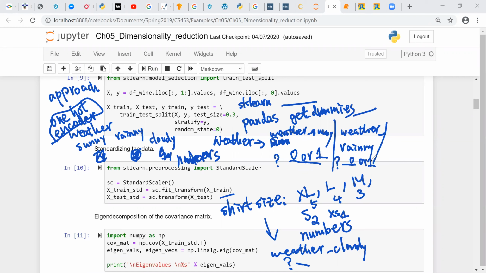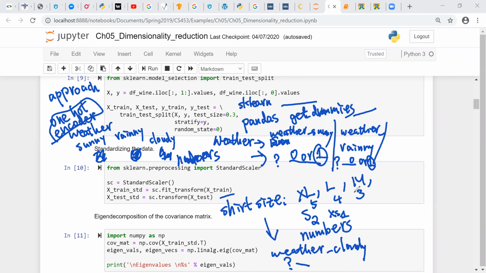Then the question: can you have one row with both at 1? No, because it's either sunny or rainy or cloudy.